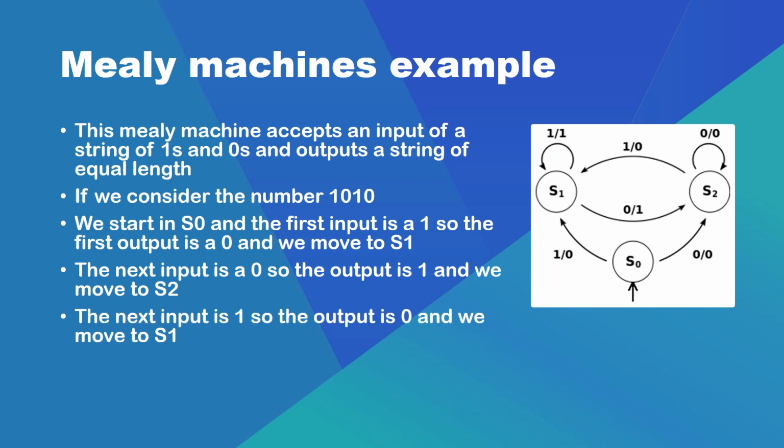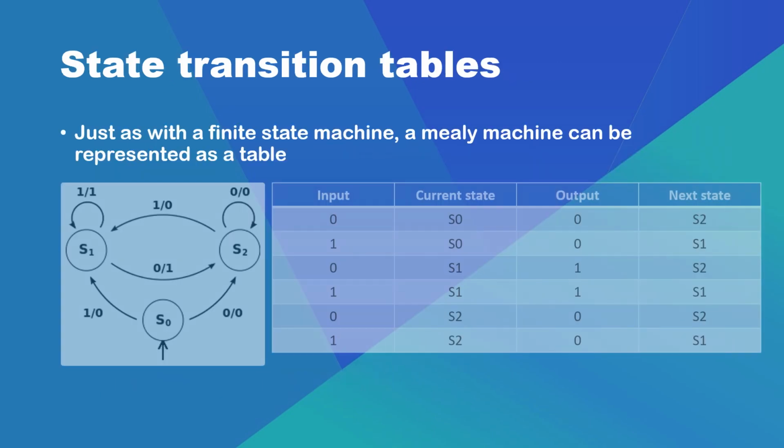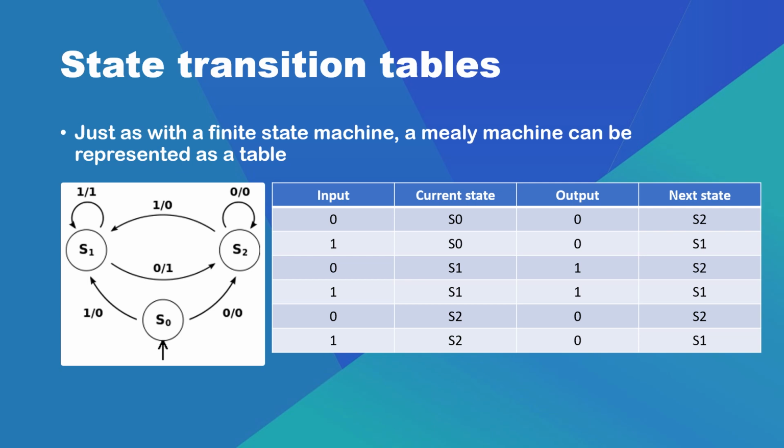The next input is a 1, so the output is a 0, and we move back to state 1. The final input is a 0, so the output is 1, and we move back to state 2, and our overall output is 0101.